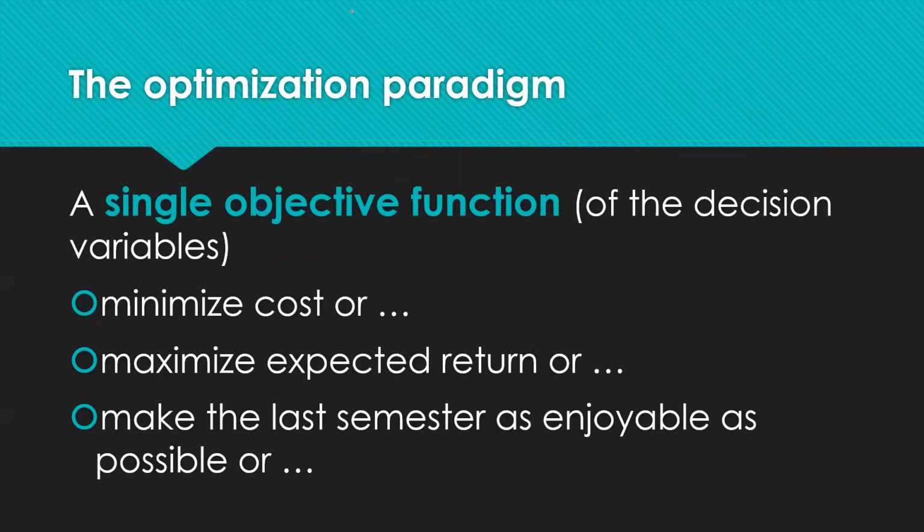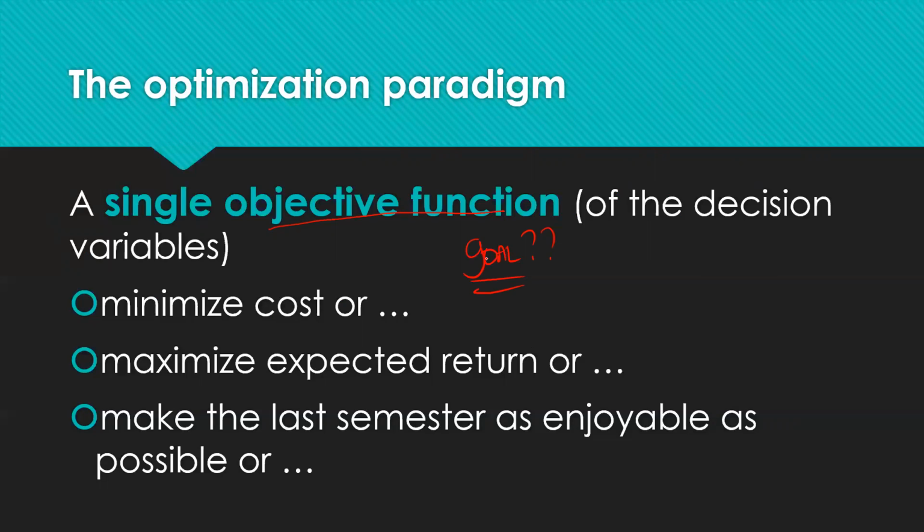Okay, moving on. Another part of the optimization paradigm ay yung ating objective function. Primarily, ano ba ang gusto mong mangyari? Ano ba yung goal mo? May mga bagay kang kailangan pagdesisyonan, kailangan kontrolin. Yun nga yung decision variables.